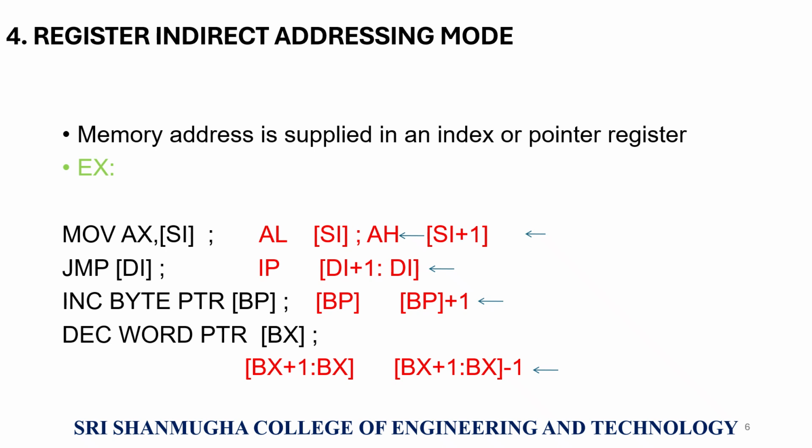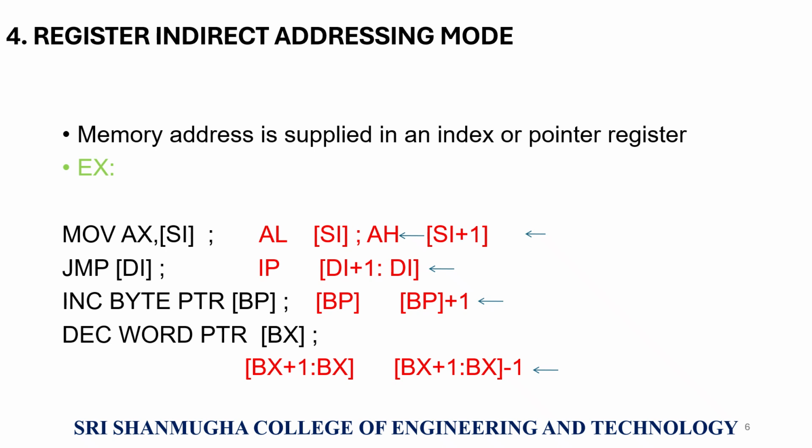As an example, if SI has the value 1000 and the base address of the data segment is 2000, the 20-bit physical address will be calculated in such a manner that the 2000 will be multiplied by 10, so it will be 20,000. To the 20,000 we add this 1000.